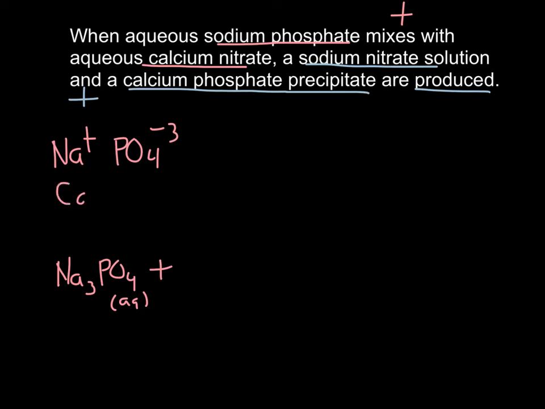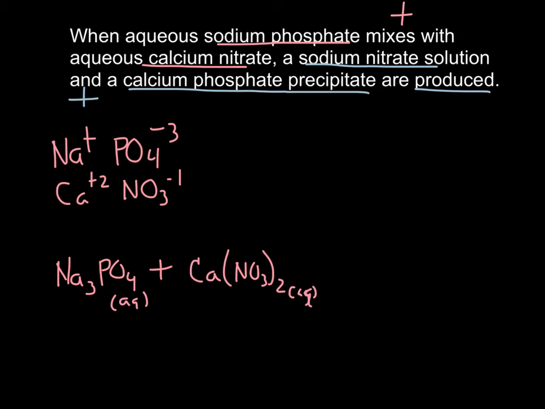Well, calcium is a +2, nitrate is a -1. So when we crisscross, we get Ca(NO3)2, and that's aqueous. Let me make it a q, not a g.